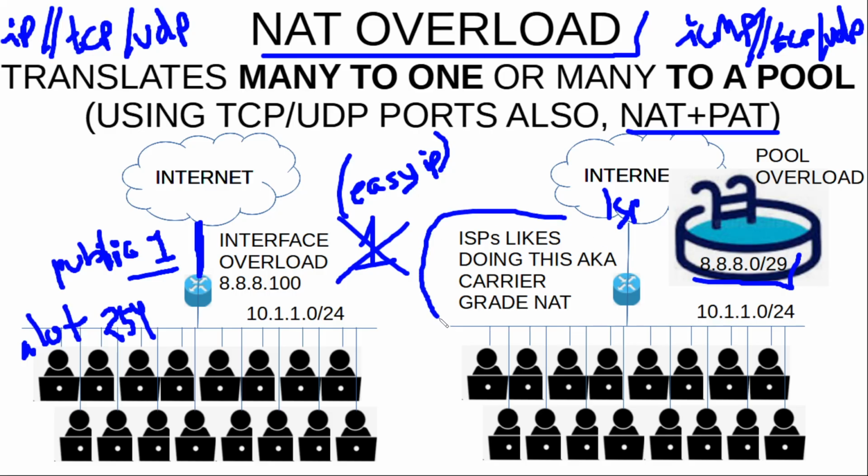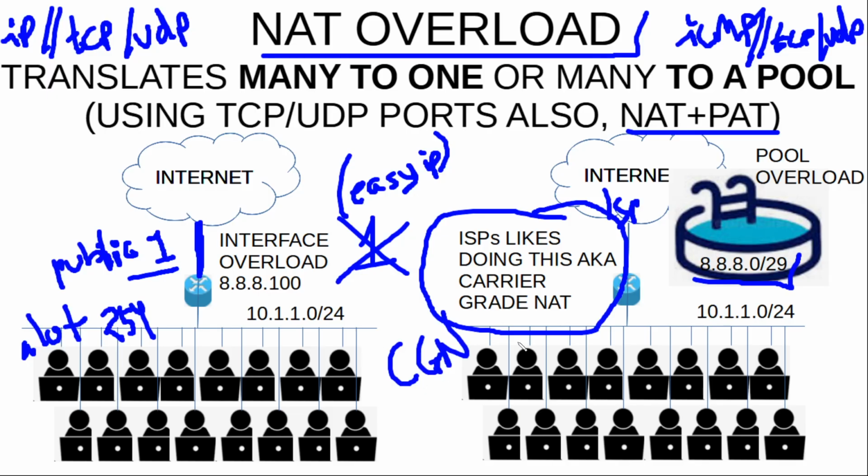Carriers usually use these. They have a pool of public IP addresses, and they use this pool in order to NAT all of their customers. When you're doing this in high scales, if you're, for instance, an ISP or a carrier service provider, this is known as carrier grade NAT. So you're going to see that, CGN.